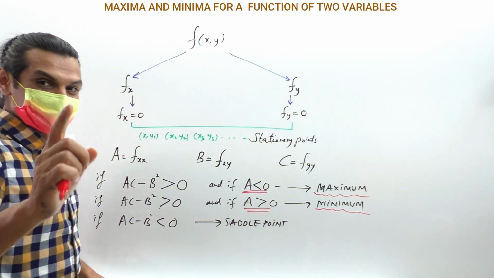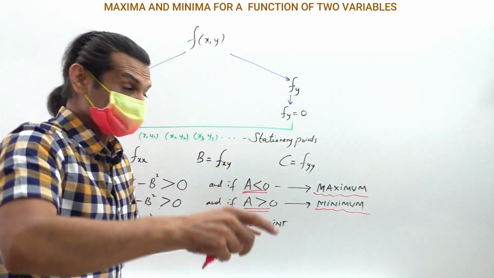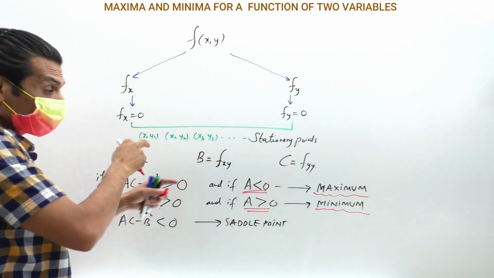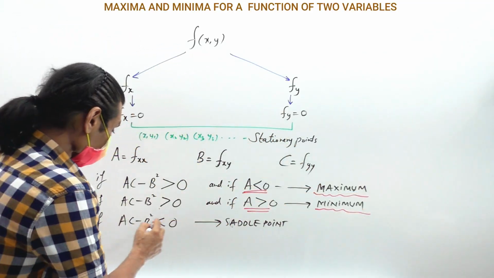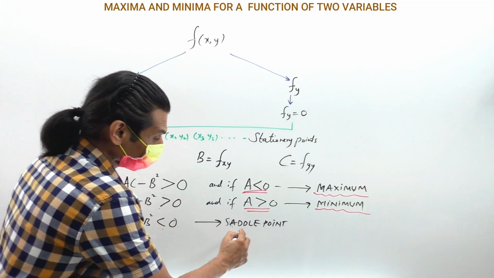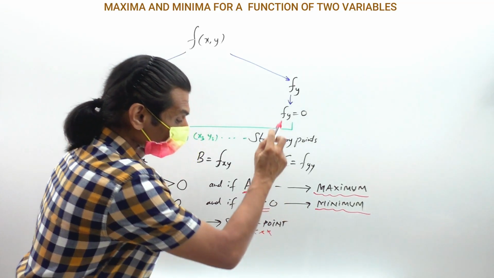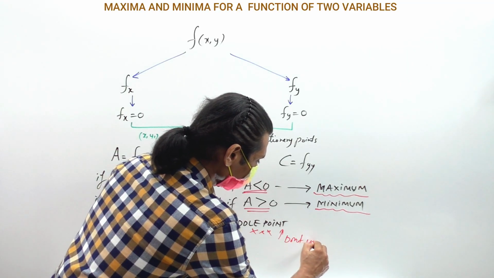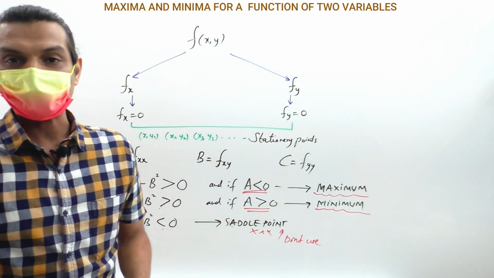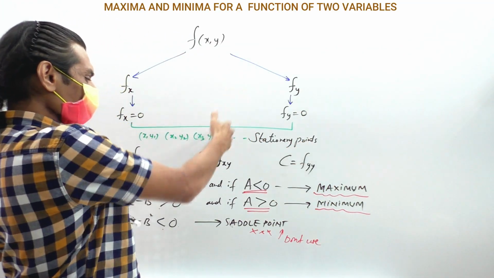Minimum. Lesser means maximum, greater means minimum, and if AC minus B square is lesser than 0, then saddle point. The saddle point, we don't use it in the problems. That's all. This is the simple method of how to find it.